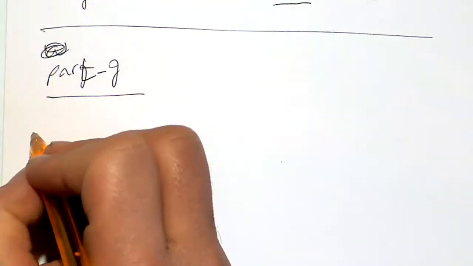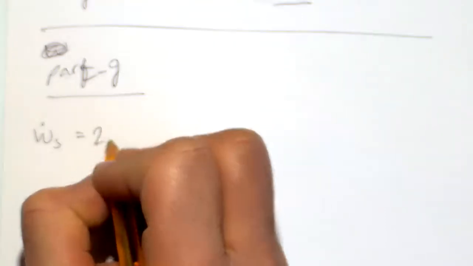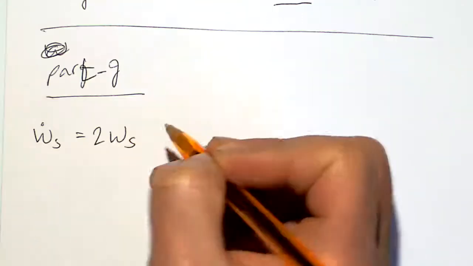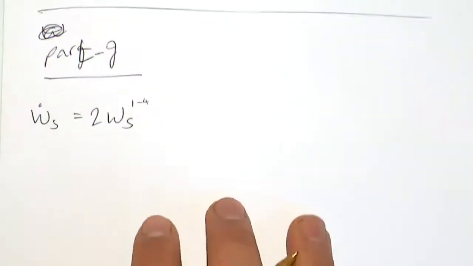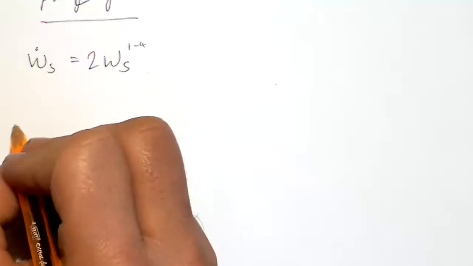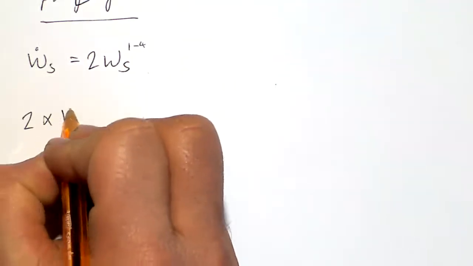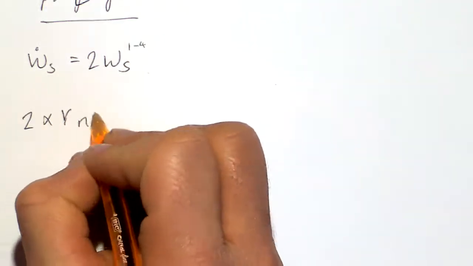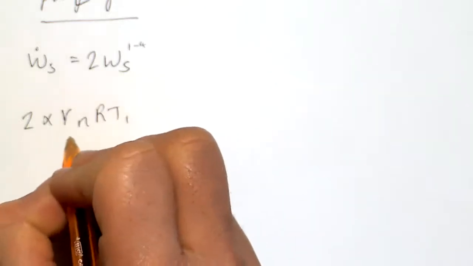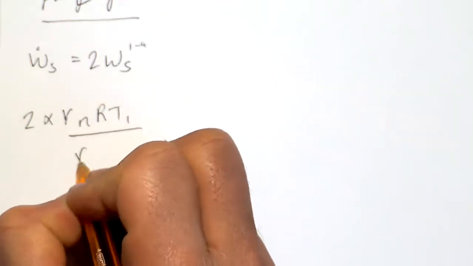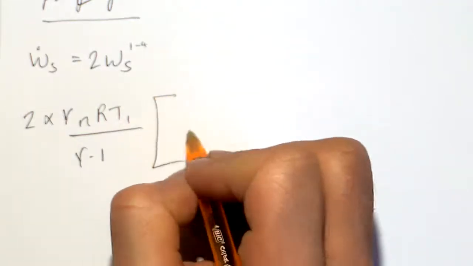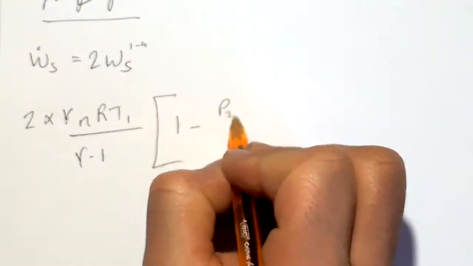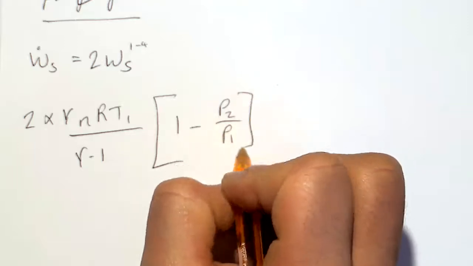We can use the formula shaft work equals 2 W_S 1 to 4. Therefore the equation becomes 2 times gamma nRT1 over gamma minus 1, multiplied by 1 minus P2 over P1 to the power of the exponent.